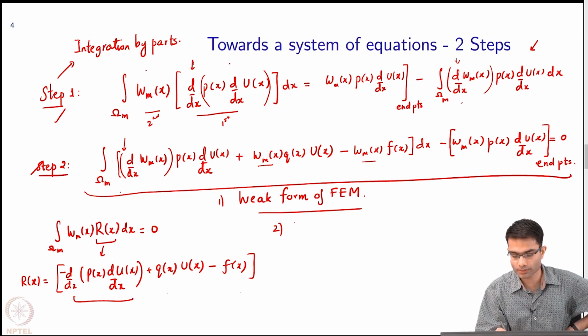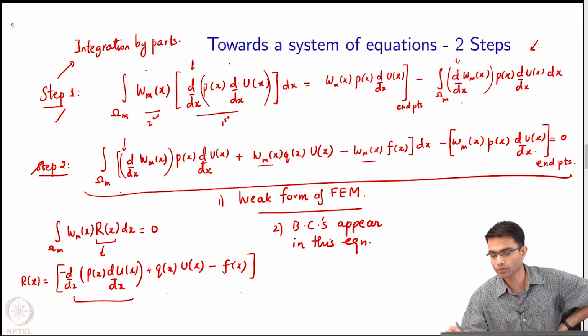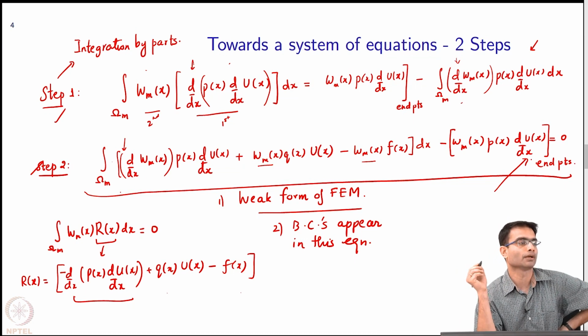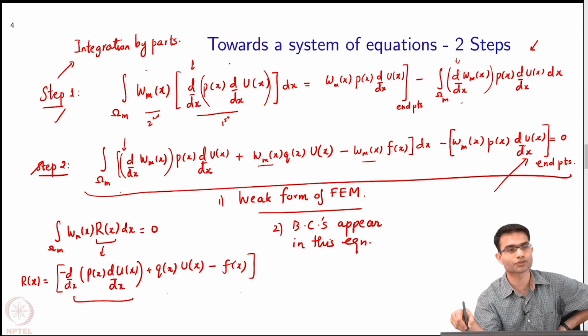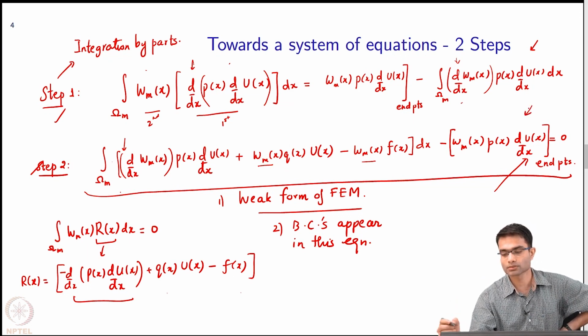So the boundary conditions appear in this equation. How do they appear? Because I need to know what is the behavior of u or du by dx at the endpoints, and that gets substituted over here. So typically this is a term which is known, it has to be.